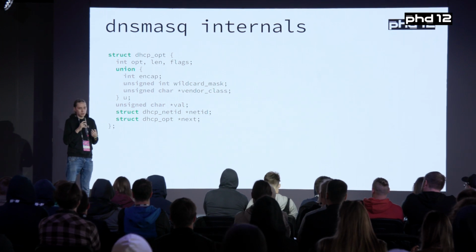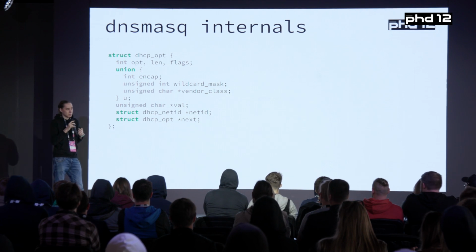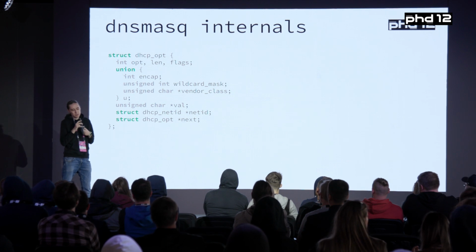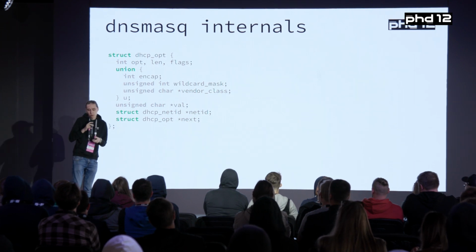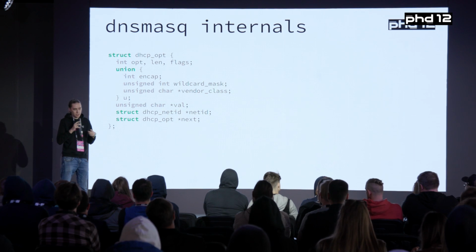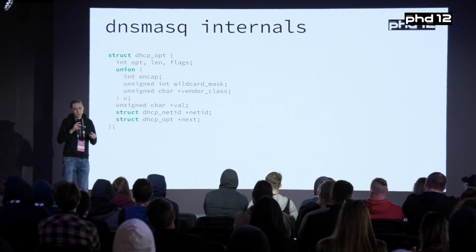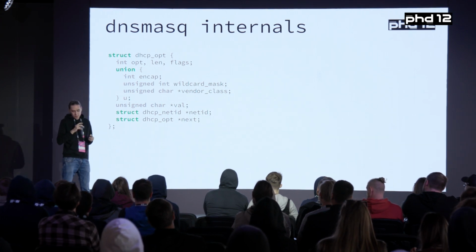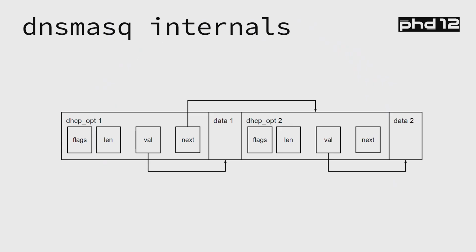In order to exploit buffer overflow, we need to understand how memory inside dnsmasq works. All the directives that we can send with our config are stored as DHCP opt structures. These structures have pointers to content, that's val, and content length, and a pointer to the next structure of the same type, which means that they are stored as a linked list.